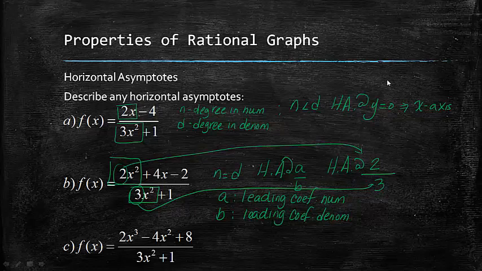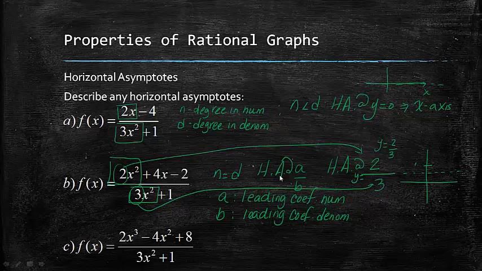So for the case up here, if I were to draw my graph, the horizontal asymptote is actually my x-axis. For this case here, if I were to sketch the graph, my horizontal asymptote is at y equals 2/3. That's where the horizontal asymptote is. Let's say if this is 1, then my horizontal asymptote would be somewhere up here.